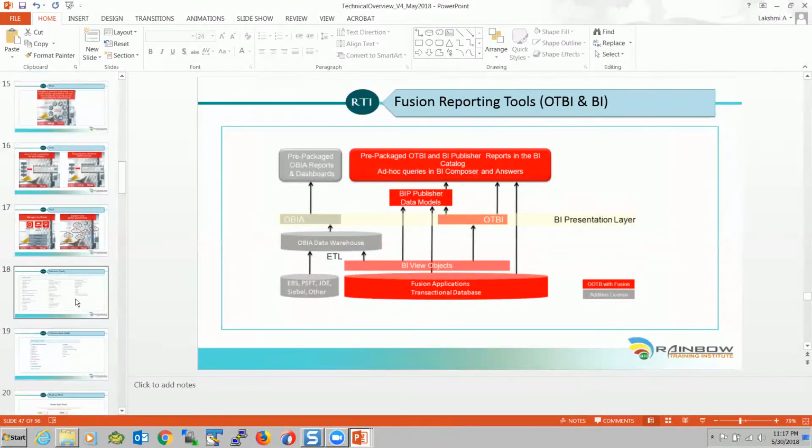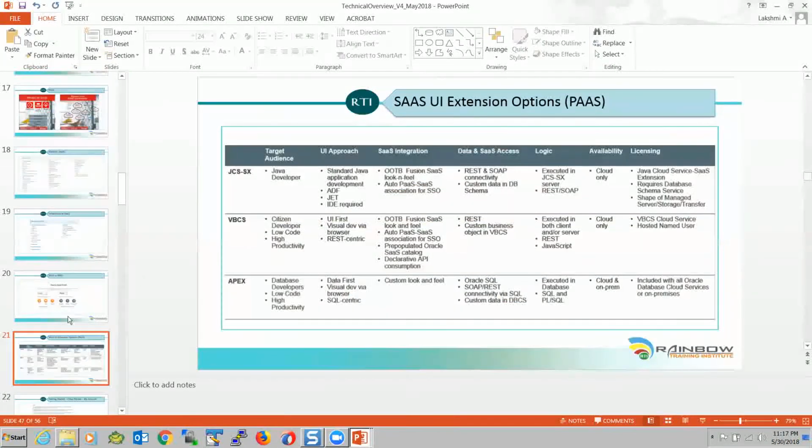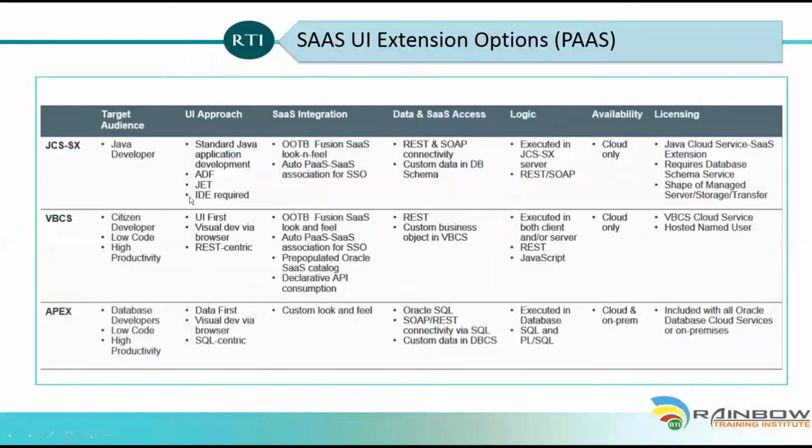So for your question, I know this question will come. I have created a PPT for that. Here's an example: how do we extend the SaaS pages in the PaaS? Let us think that you wanted a standard Java application. Basically, you are using the SaaS model, which is what Oracle is offering out of the box.